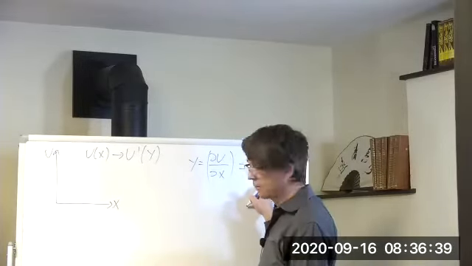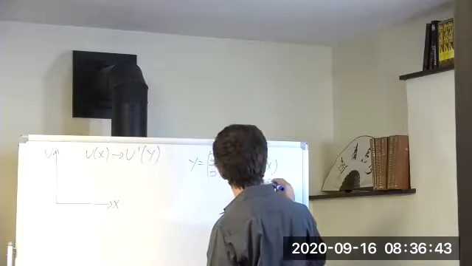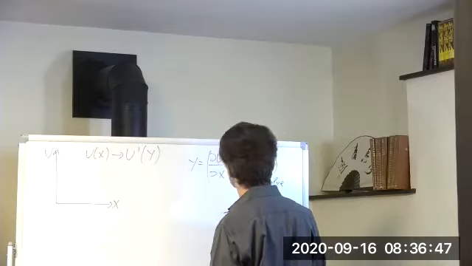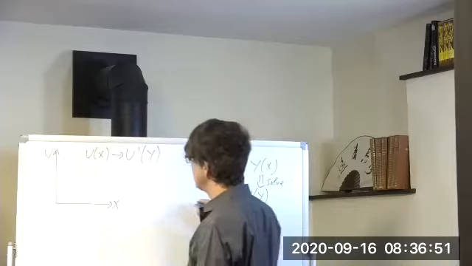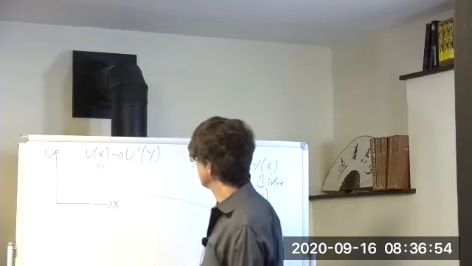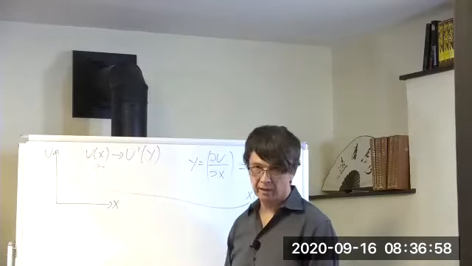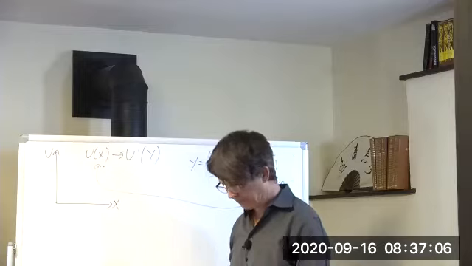So if I solve this, I get x as a function of y, right? And I substitute that in there, I have a new function of y, right? So it's trivial to switch variables in principle.